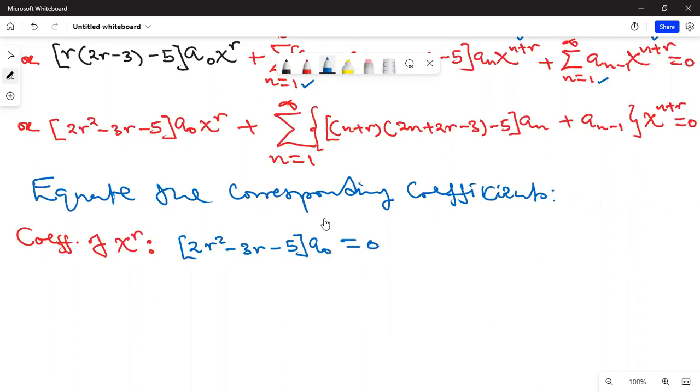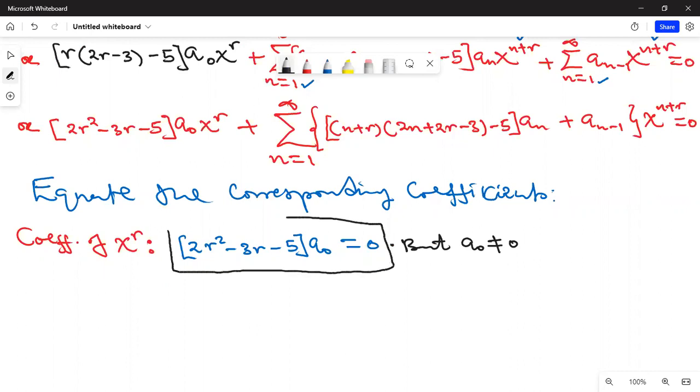But we said a naught is not equal to 0. Now, let me explain this before I solve it.